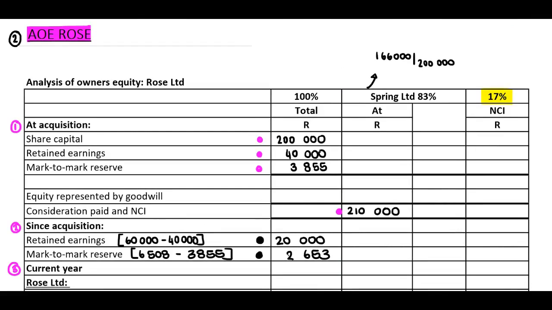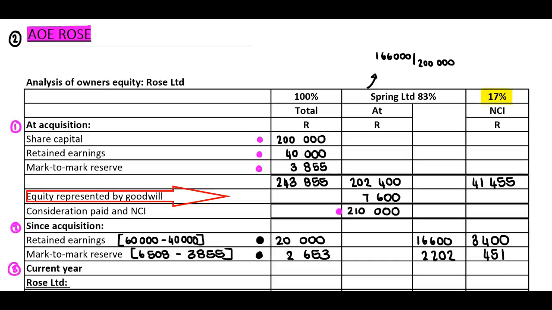Now, let's first include our at acquisition totals. Goodwill will be recognized of 7,600. Again, guys, our NCI will not share in the goodwill because our NCI is recognized at proportionate share.